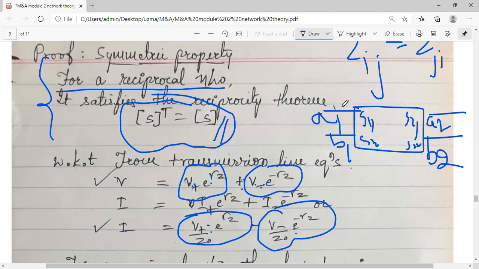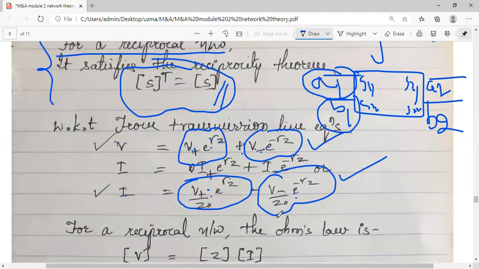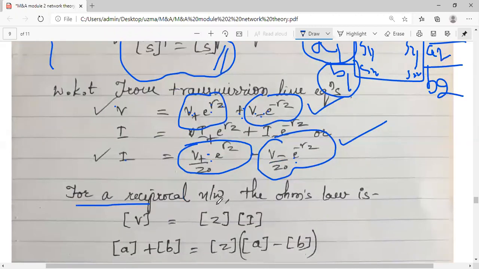So from this, you can see the incident wave is A and reflected wave is B in general, whether it may be 1, 2, 3, 4. A indicates incident, B indicates reflected. So taking these 2 into our consideration, how can I write for a reciprocal network from Ohm's law, V equals IR, right?